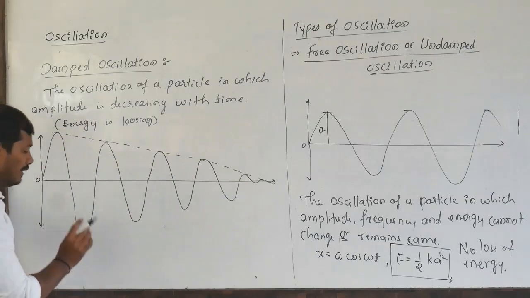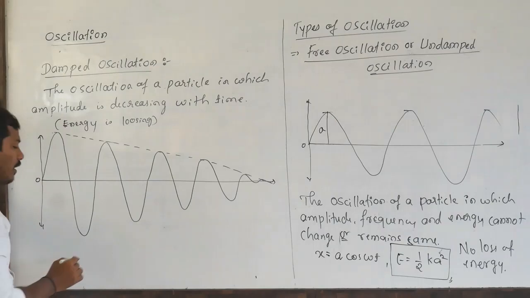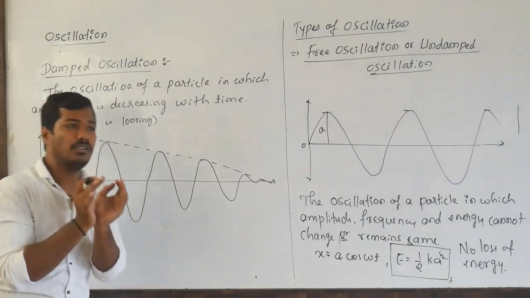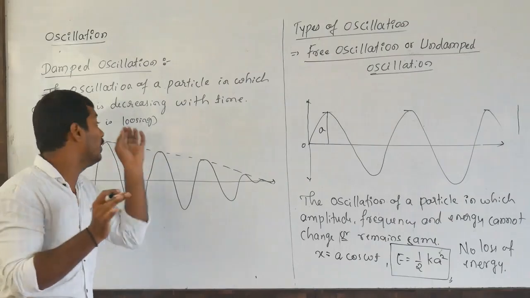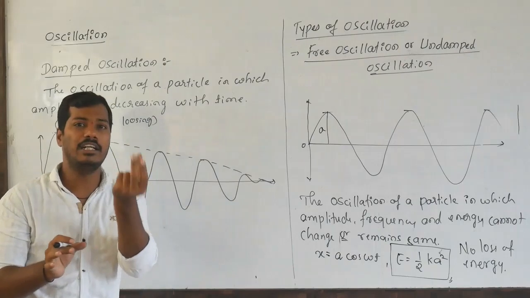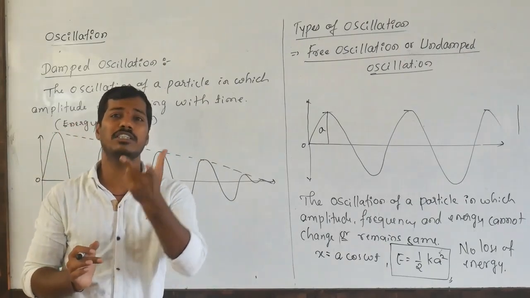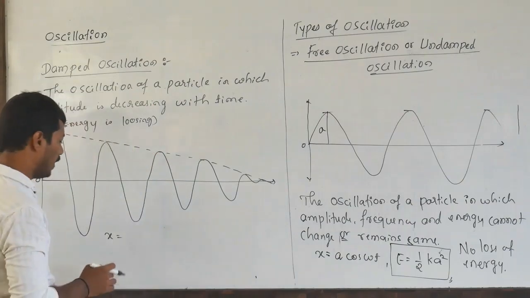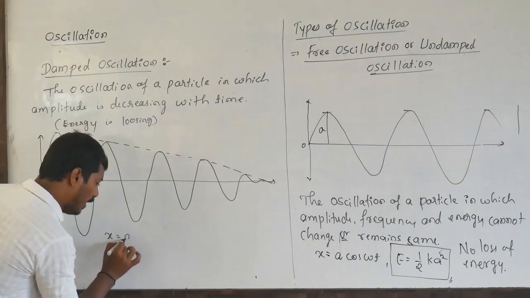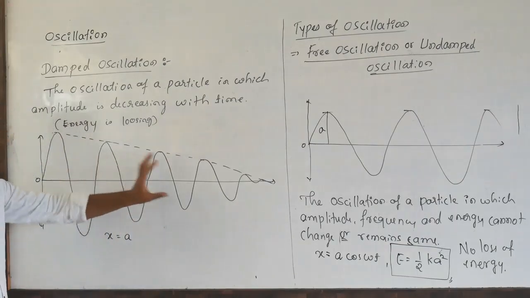Next, what is the equation of that? The equation of this damped oscillation, I will write here: x is equal to... If the amplitude is not constant, it means it is continuously decreasing with some exponential. One exponential form is, if A is the amplitude, it is a decreasing amplitude.